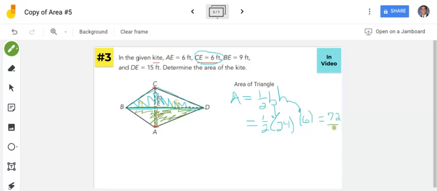So what I need to do here is take 72 plus 72, or 72 times 2, because I have two triangles that are 72 square feet. So in total, if I put these two triangles together, which of course makes a kite, I have 144 square feet. That is the area of my kite.